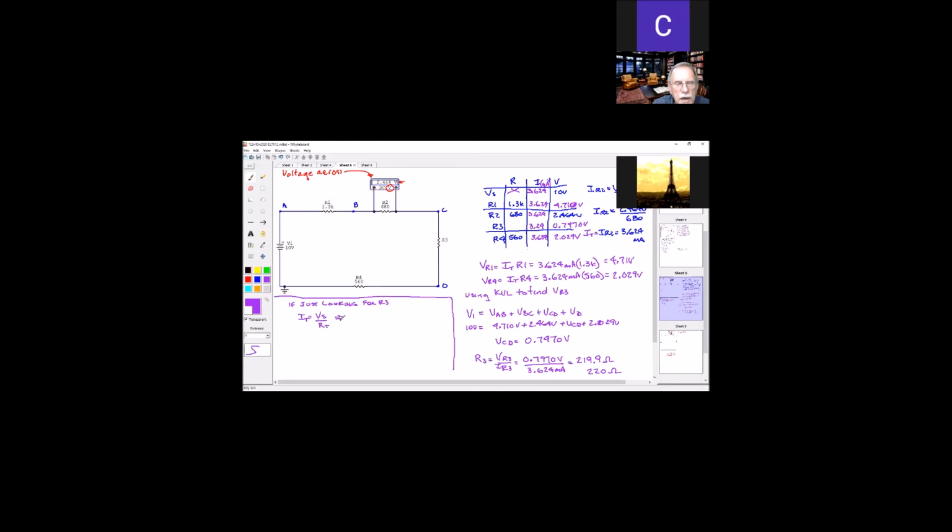Or if I rearrange that, RT is VS over IT. We already figured out the IT, so this would be 10 volts divided by 3.624 milliamps.